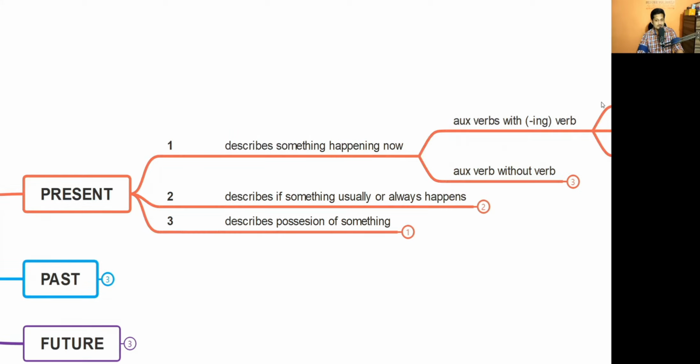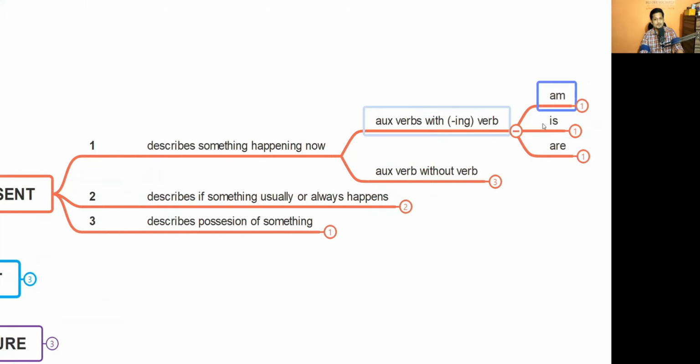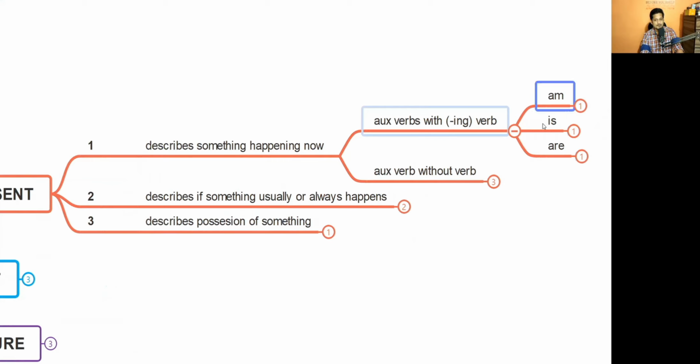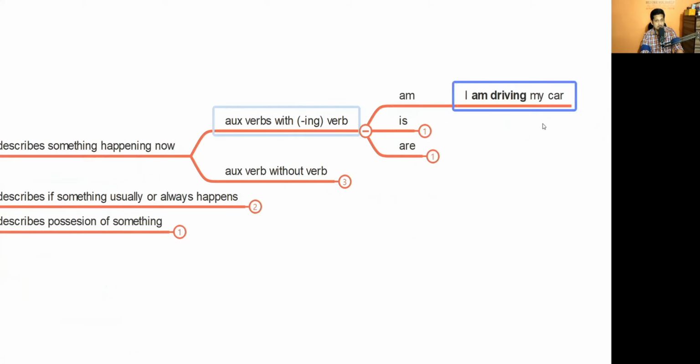What are the auxiliary verbs used in present tense? There are only three: am, is, are. For example, you will say, I am driving my car. As you can see, the auxiliary verb am is used, and the verb drive is changed to driving, ing.